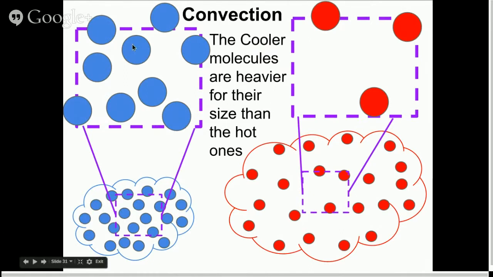This means that if you take a box, there are more molecules inside that box than in the same box of the hot molecules. So this is actually heavier than this. So this weighs more than this for its size. Okay, even though this is bigger, there are less the same amount of molecules in there.